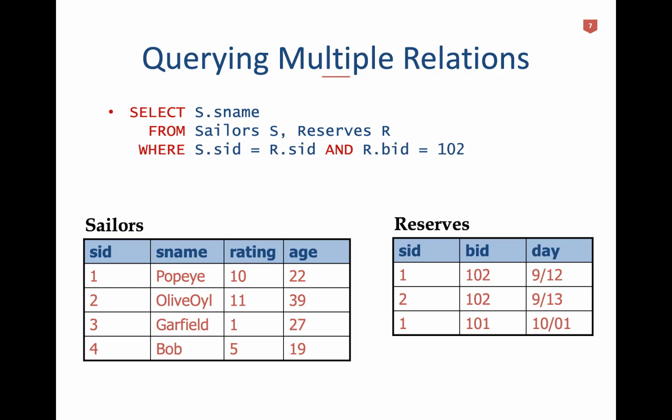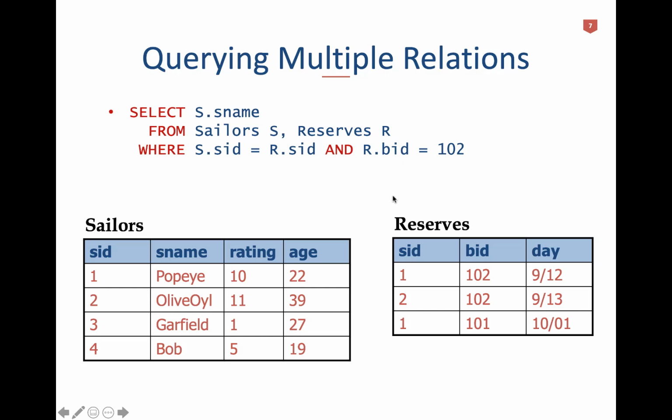This is how we think about it conceptually in order to figure out what the output is going to be. But the query optimizer is not going to work like this because it would be too costly. There are optimized algorithms that do the same query in a more efficient way.